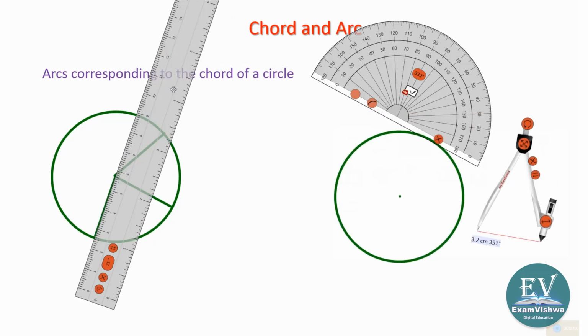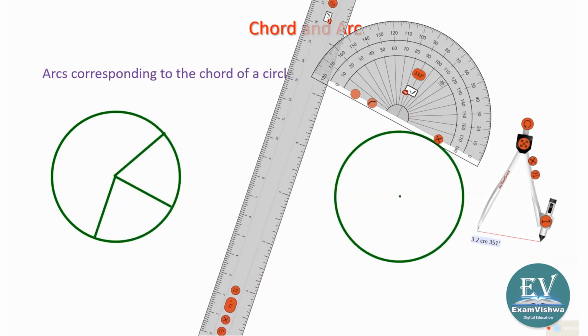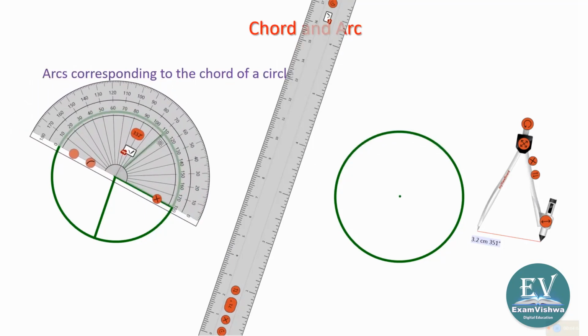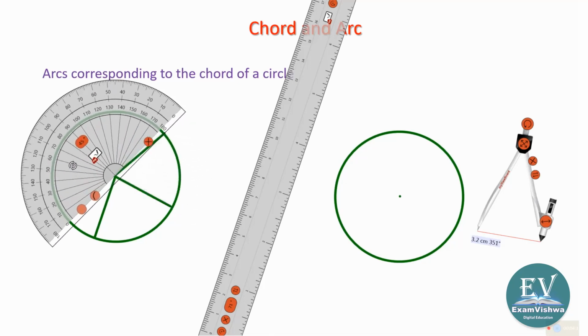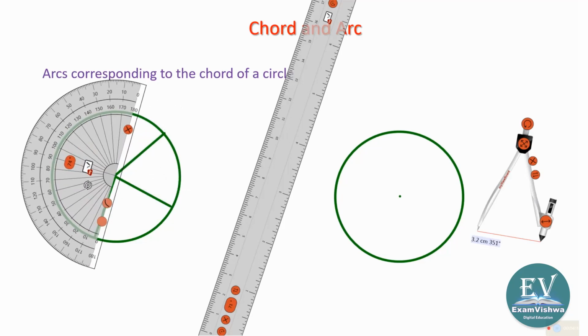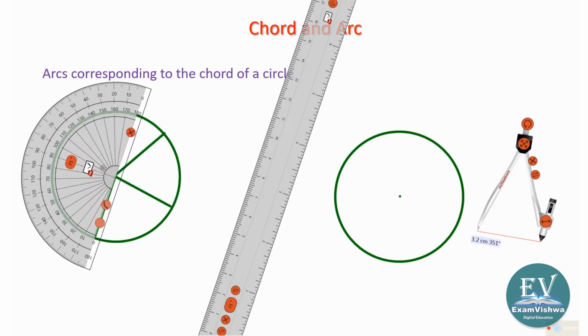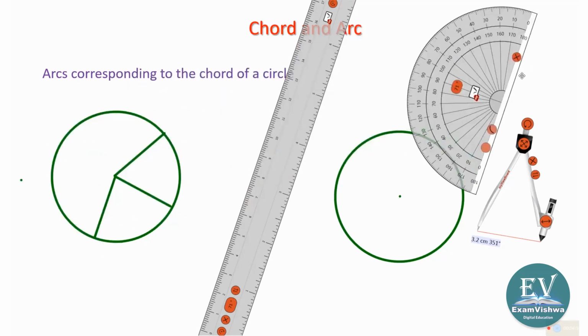Okay, one side is drawn, and I found that this angle is almost 70. So I will draw an angle equal to that here through measurement. From here 0, 70 happens to be here. I will draw it here somewhere, almost 70.